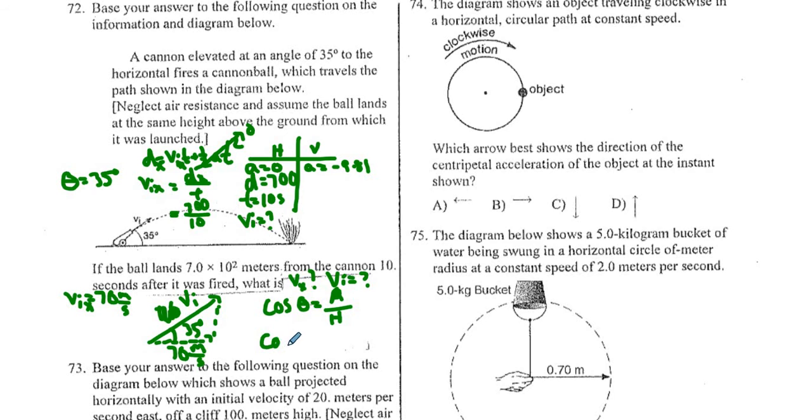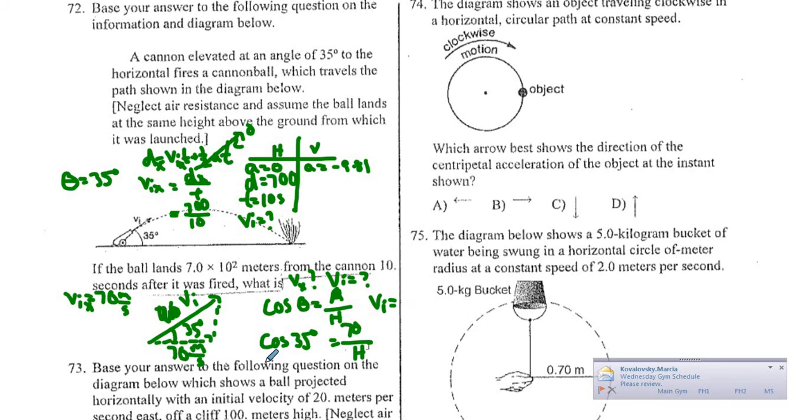And if I plug in, cosine 35 degrees equals the adjacent side, 70, over the hypotenuse. Do a little bit of algebra. What you should find out is that the initial velocity, the hypotenuse of that triangle, is 85.5 meters per second.